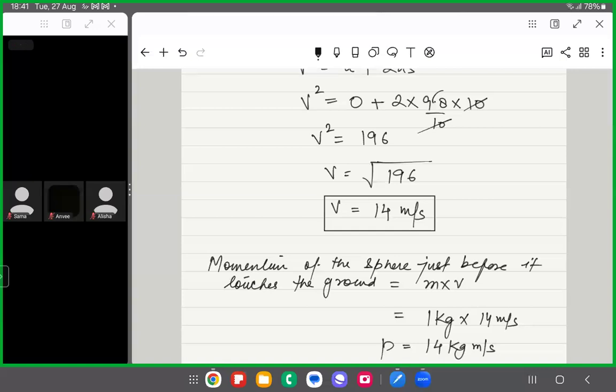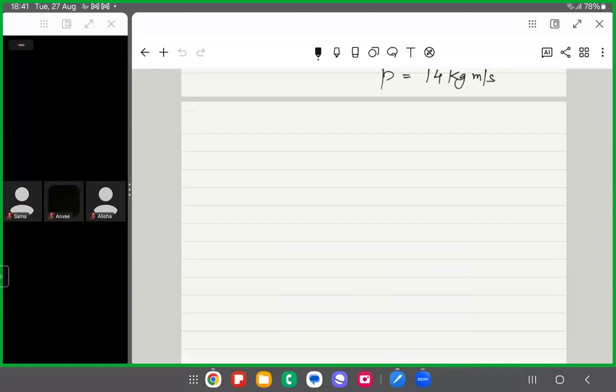So momentum before collision and momentum after collision is the same. That I told you, the conservation of momentum, right? So what momentum will be transferred to the ground? That will be equal to the momentum of the spherical ball just before it touches the ground, and that is 14 kg meter per second. Is that clear to you? Yes or no? Please tell.